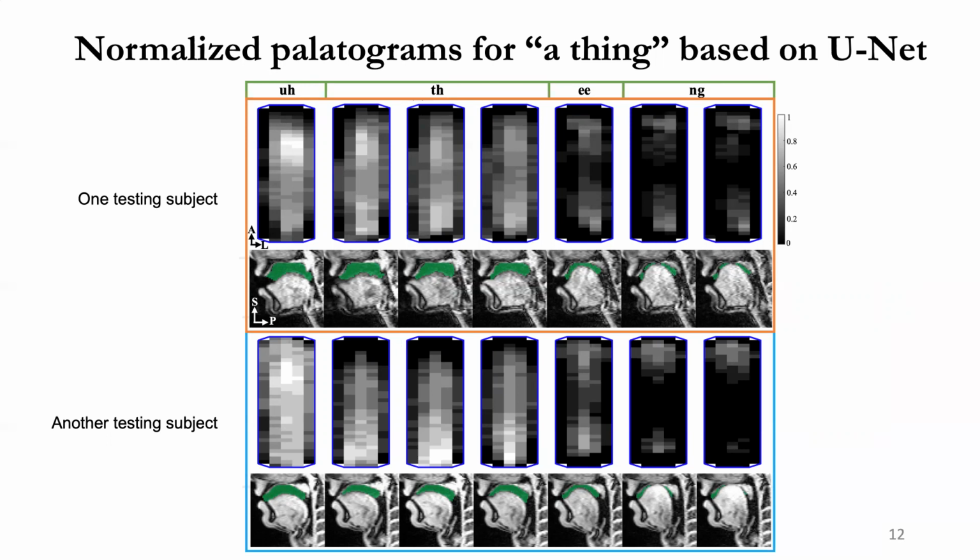We can see that the palatograms show similar contact patterns between the two subjects. At the first sound, there's a small contact region in the anterior portion of the palate. At the E sound, the contact is on the sides of the palate, and there is a large contact region in the center of the palate at the last sound.